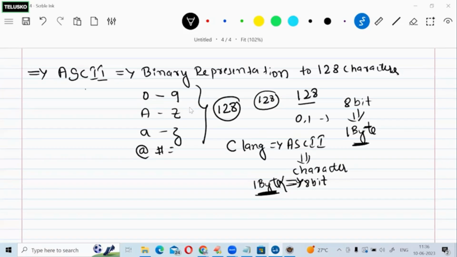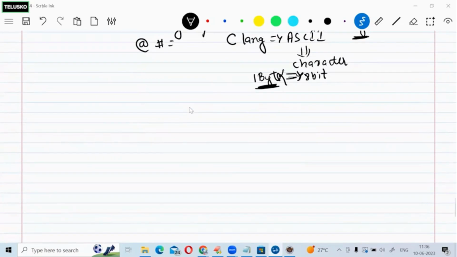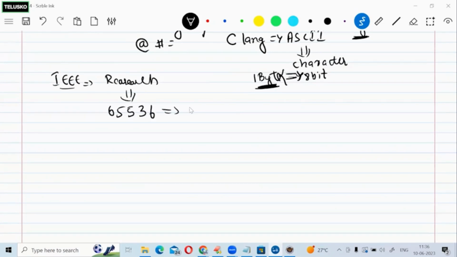Why only this? That is when IEEE, one of the big organizations, and other organizations did research and found out that in the entire world there are 65,536 commonly used characters. How many characters are there? 65,536 characters.